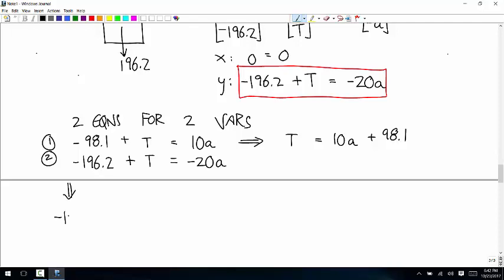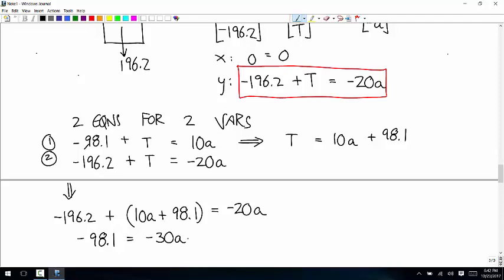So we get negative 196.2 plus the quantity 10a plus 98.1 is equal to negative 20a. And so we get negative 98.1, when you add the negative 196.2 and the positive 98.1, is equal to negative 30a.